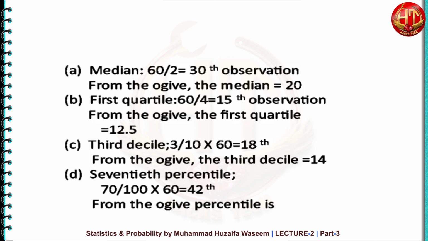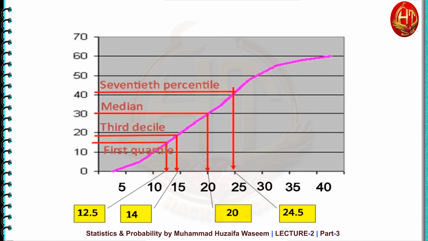Now draw the CAH curve. Now you can see that in this graph, class boundaries are represented on the horizontal axis, and the cumulative frequencies are plotted on the vertical axis against the upper limit of the respective class interval.